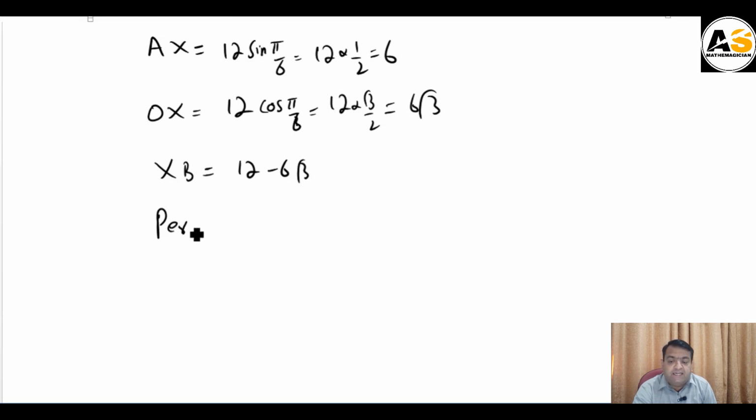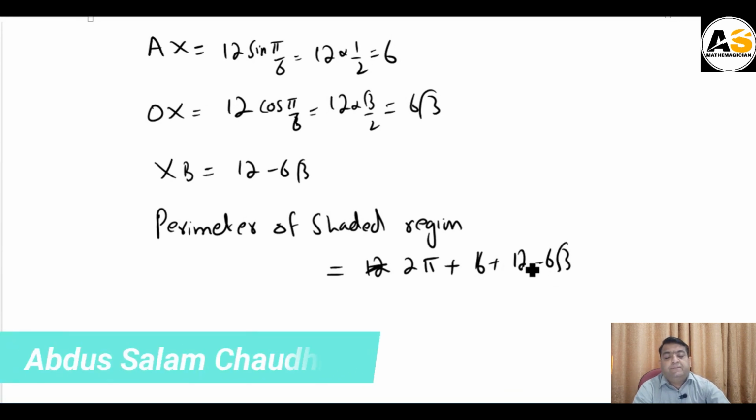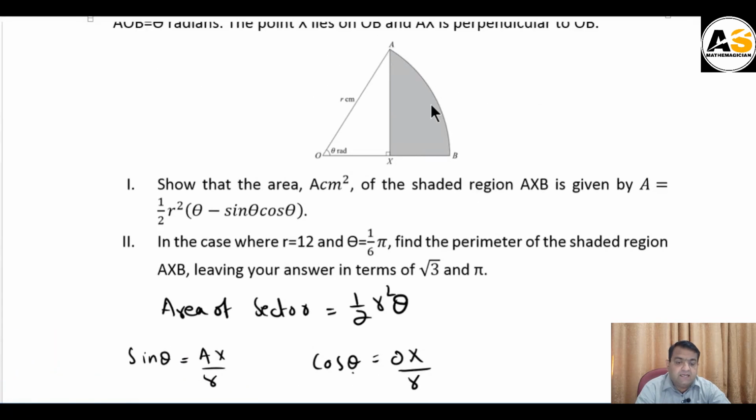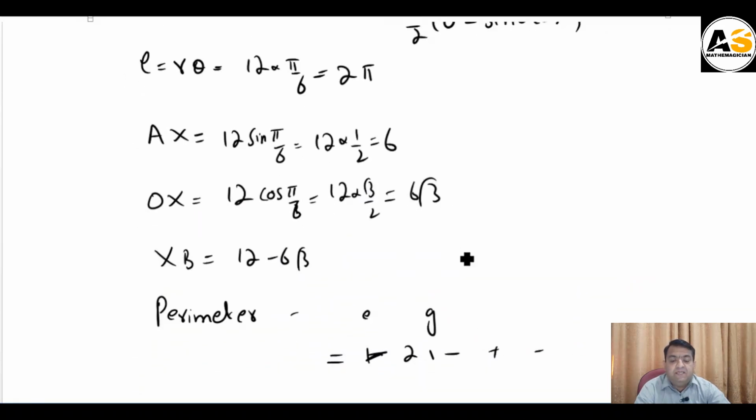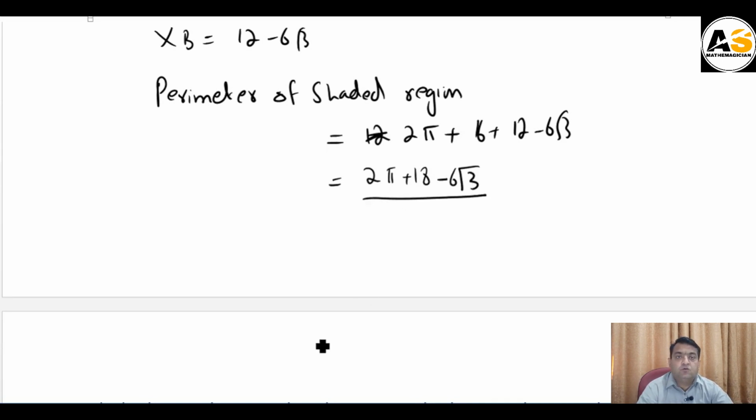So, perimeter of the shaded region will be arc length, which is 2 pi, plus AX plus XB, which will be simplified to 2 pi plus 18 minus 6 square root 3. This is your answer to part 2.